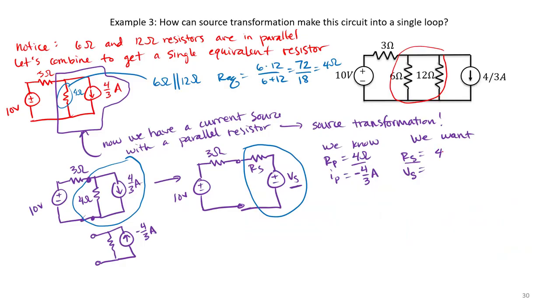So we know series resistance will be 4 ohms. Series voltage will be IP RP, which is equal to 4 times negative 4/3, which is negative 16/3 volts. So if we perform those substitutions, notice we get our circuit in a single loop.